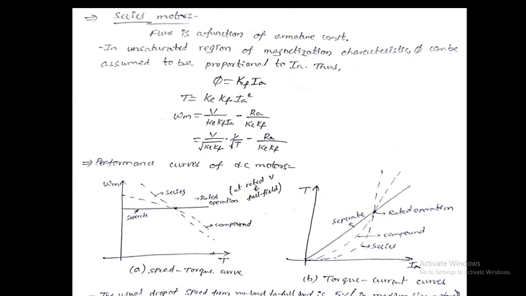Performance curves of DC motors. If you see the speed torque characteristics for the separately excited motor, we will get drooping characteristics, almost constant, by neglecting the armature resistance drop. For the series motor, initially the speed is high and the torque is low.